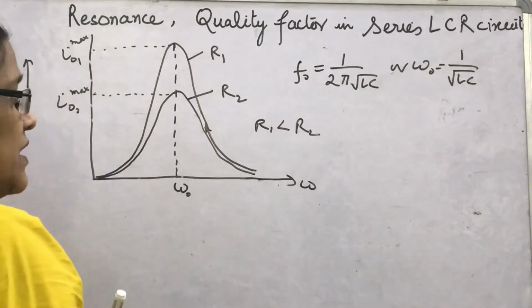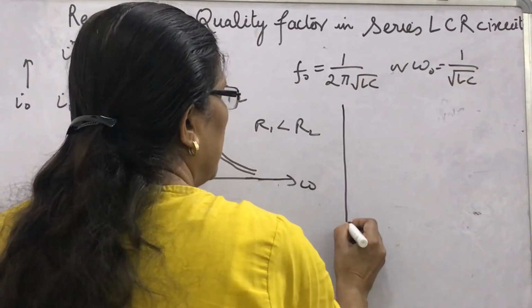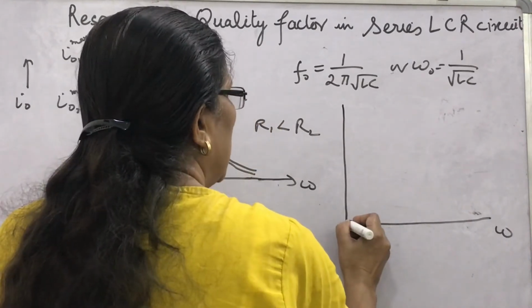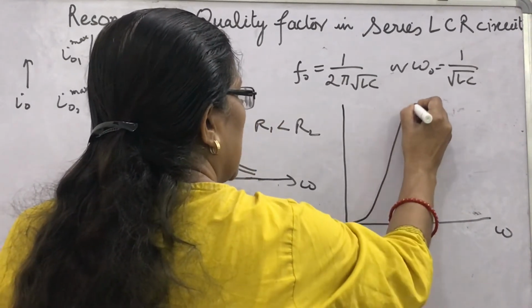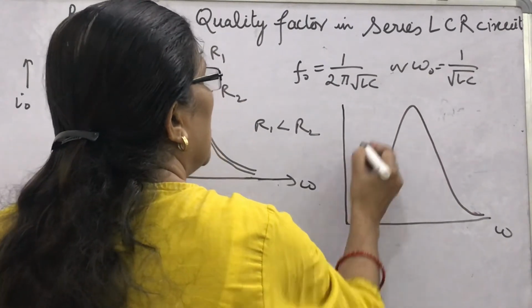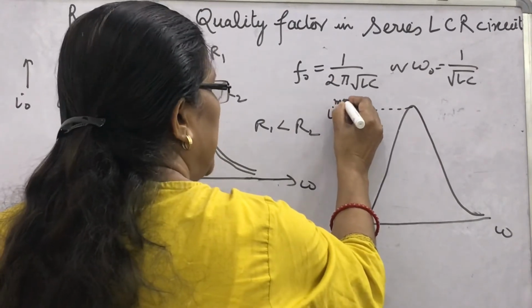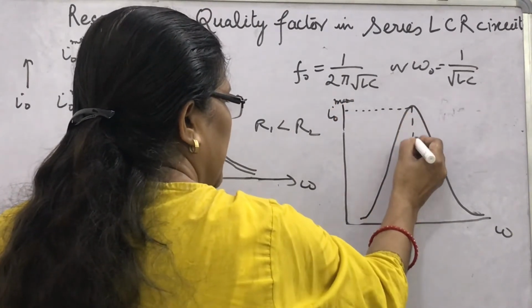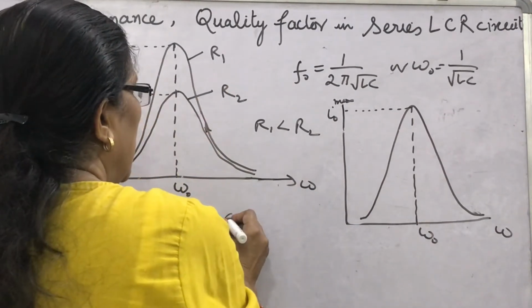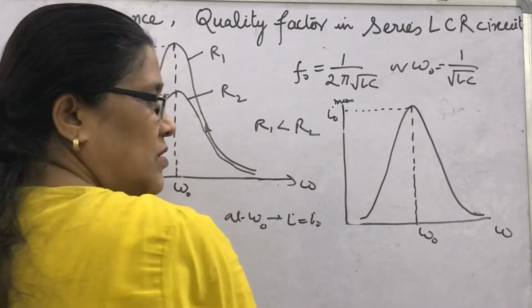If in any circuit we draw the current against omega, this is the graph, and this is the I naught maximum corresponding to the frequency omega naught. What we have read, that at omega naught I is I naught.